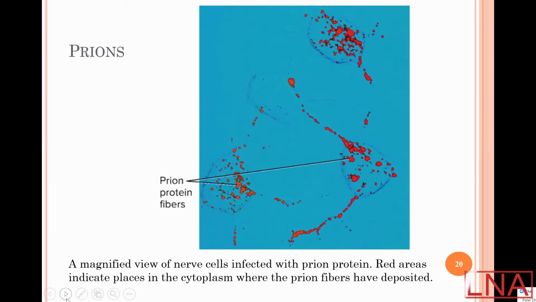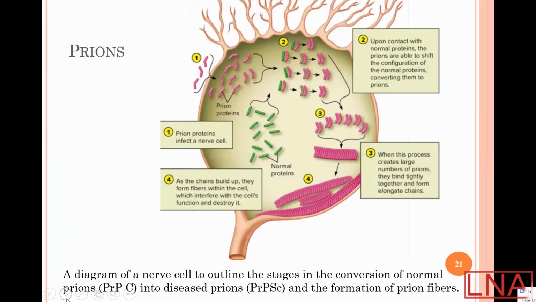It's when the prions are placed in the cytoplasm of the nerve cells here. And as you see, there are many proteins, not our proteins, but prions inside the nerve.